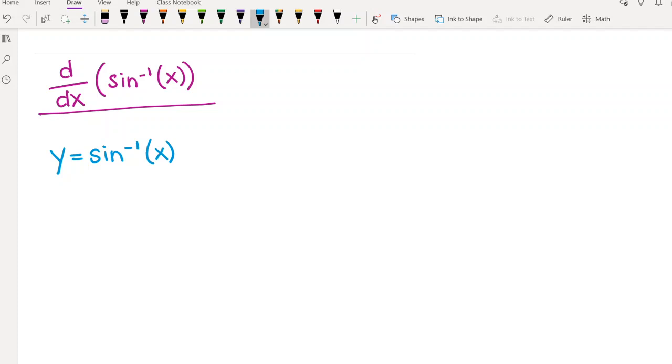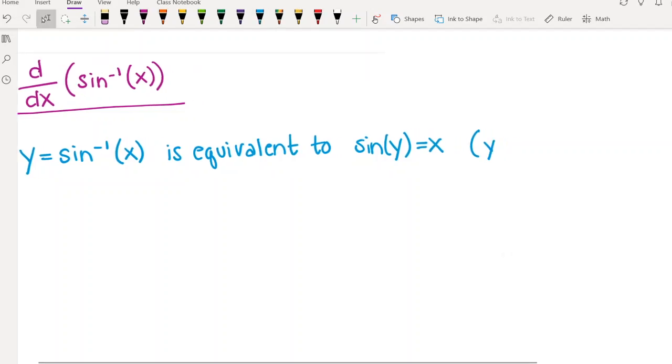As we saw on the other page, this is really equivalent to saying that sine of y is equal to x, with that added restriction that y is an angle that is between negative pi over 2 and pi over 2.